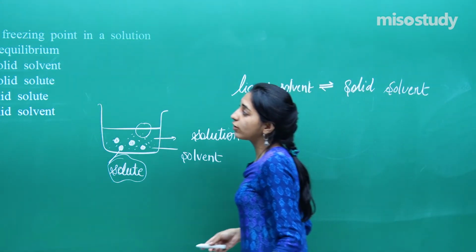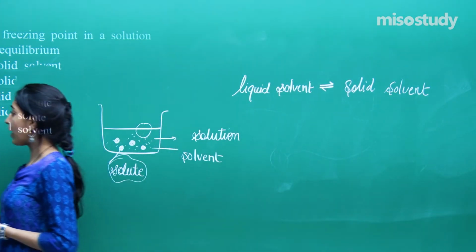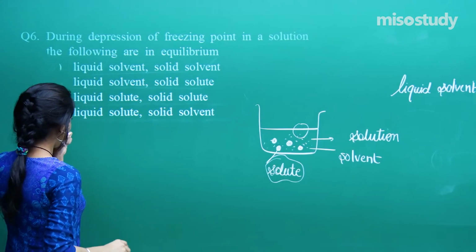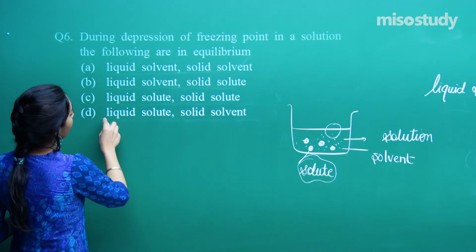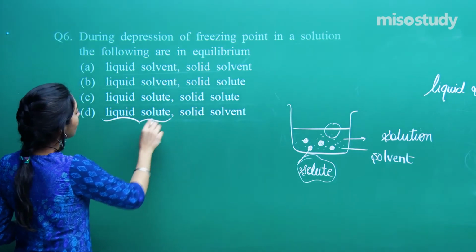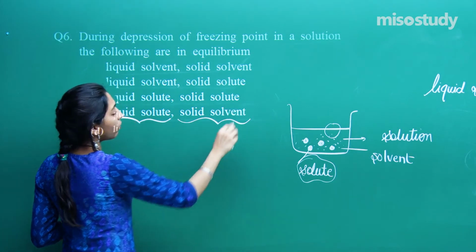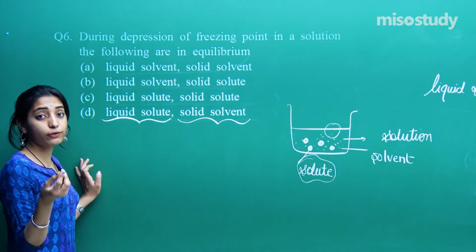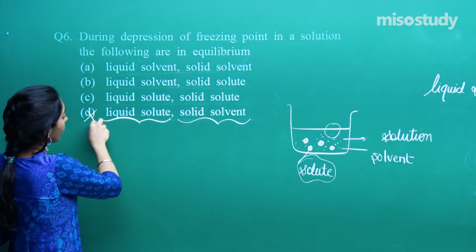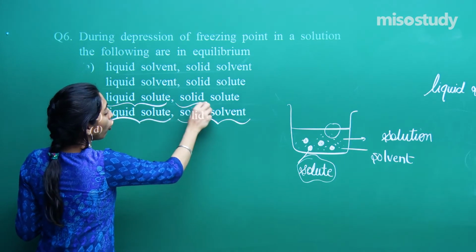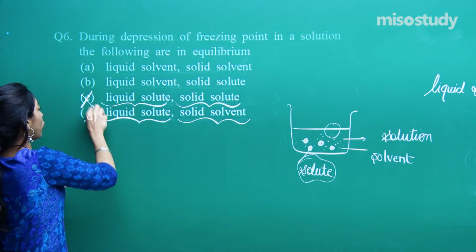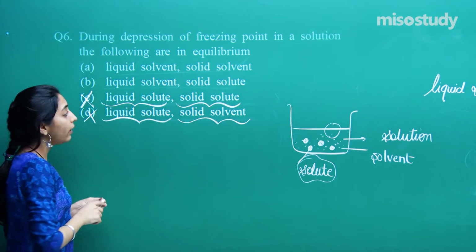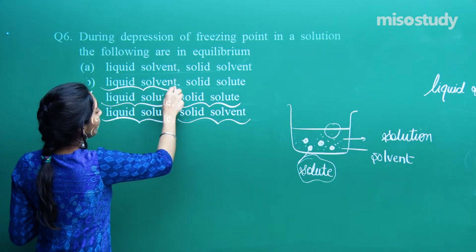So he is saying which of the following are in equilibrium. Let's start from the bottom. He is saying the liquid solute and solid solute will come in equilibrium. No, I am saying whenever freezing is done, it is of the solvent, not of the solute. Again, there is nothing to be talking about solute. Then liquid solvent, solid solute.